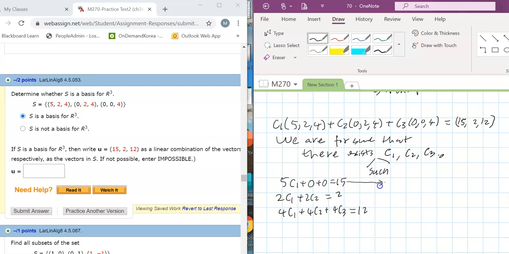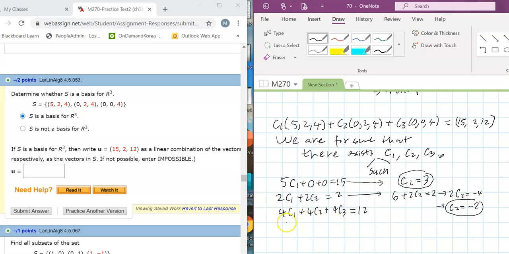So C1 equals 3. From the second equation, 6 plus 2C2 equals 2, that means 2C2 equals negative 4, so C2 equals negative 2.